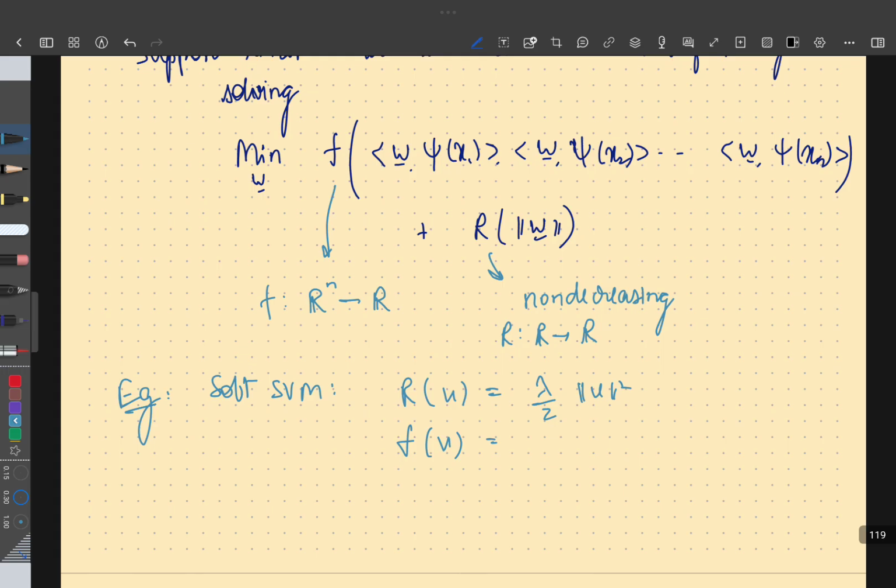So f would correspond to the hinge loss, which is 1 over n sum over i of max between 0 and 1 minus yi ui. So f is a function of these n inner products, where ui would be the inner product between w and psi of xi.